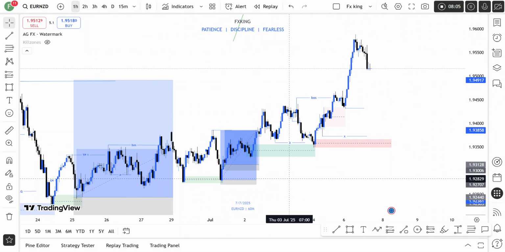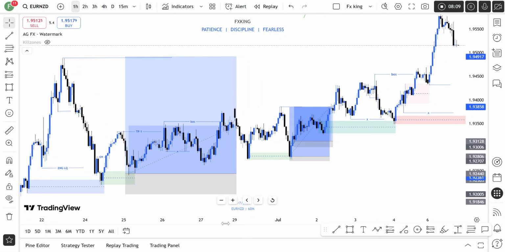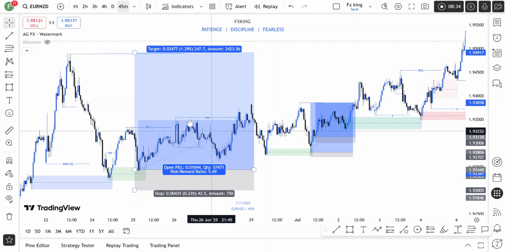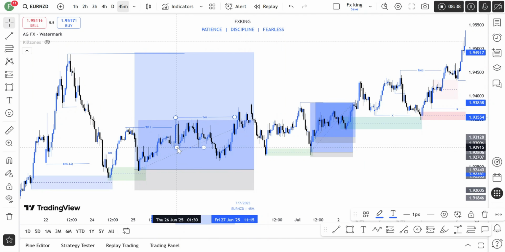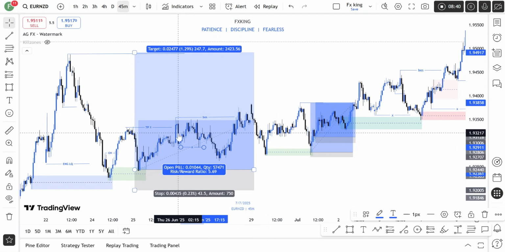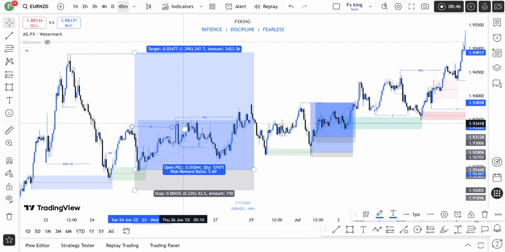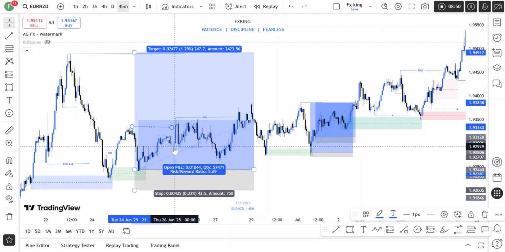Now let's go into the chart and spot that in real time, right? Let's start from here. Let's start after this break of structure here. Now you can see that this break of structure occurred after taking out an inducement right down here, right?